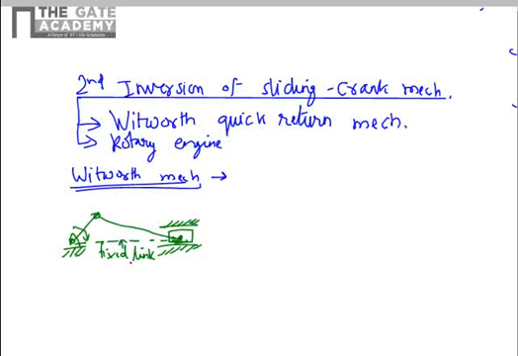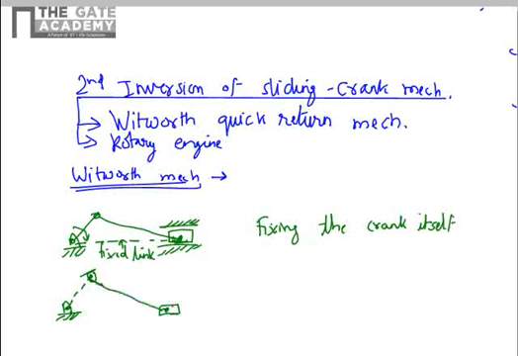In the Whitworth motion for second inversion of sliding crank, instead of fixing the link adjacent to the crank, we are fixing the crank itself. So in this configuration, if you fix the crank, let's say like this, and the connecting rod is going and connecting to the piston, and now the liner is also part of the mechanism, so it will form a link.